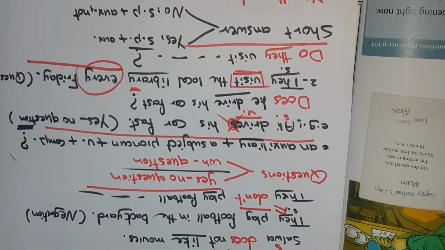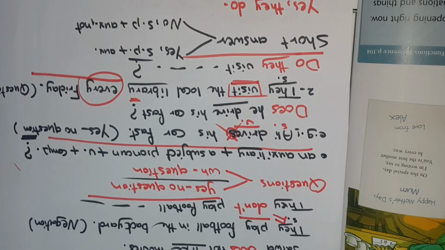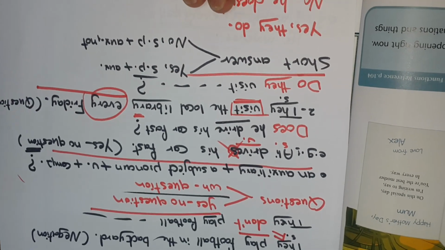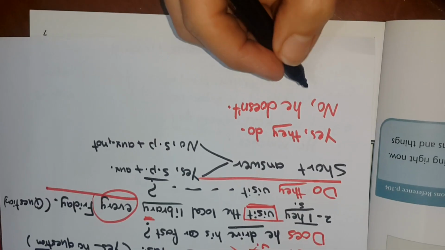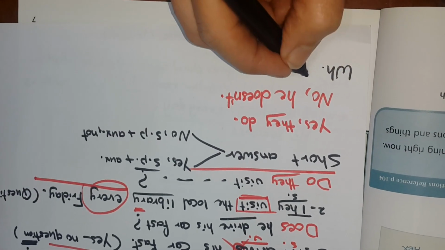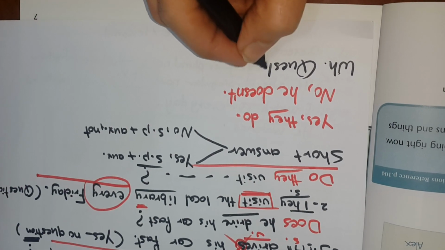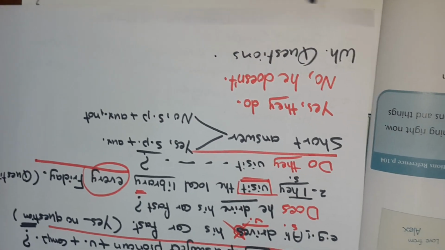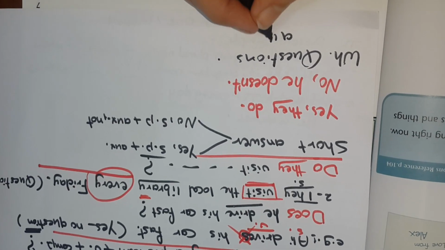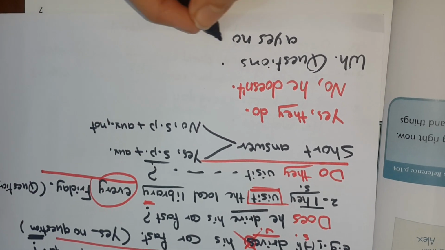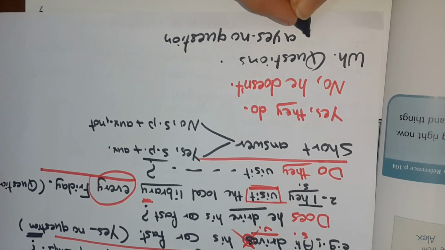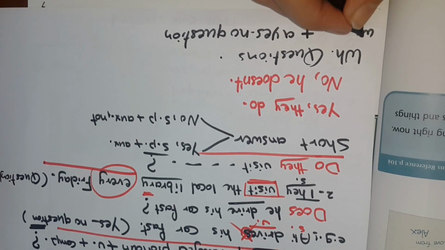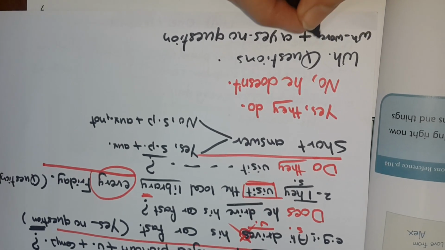Now, I want you to know something about the WH questions. A WH question is a yes-no question preceded by a WH word.